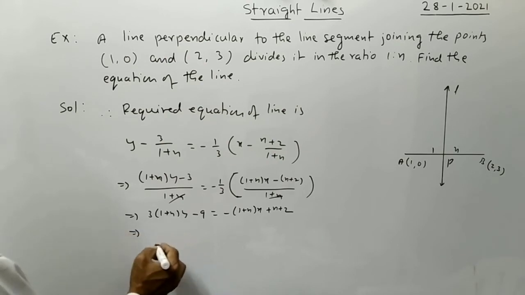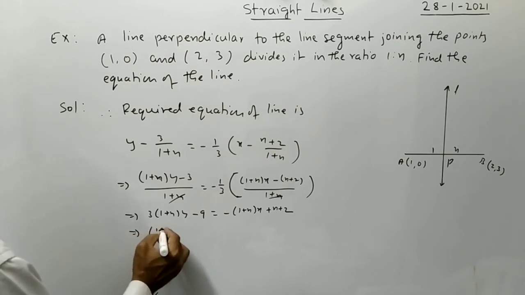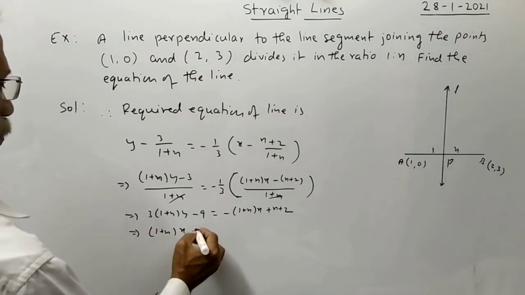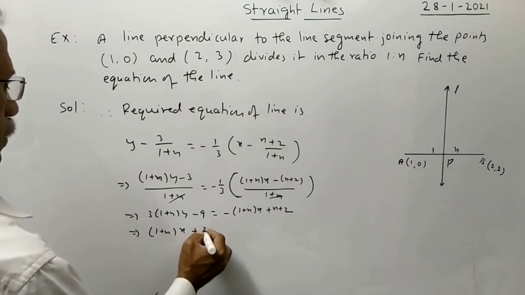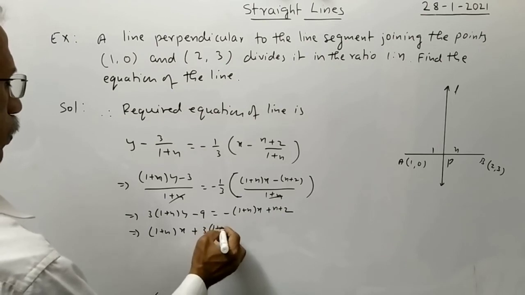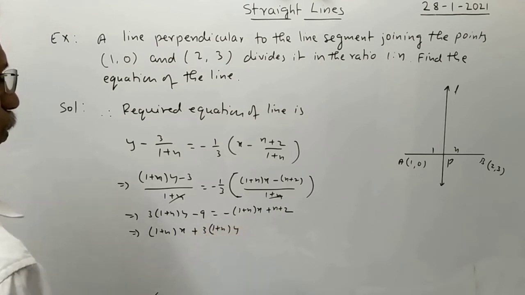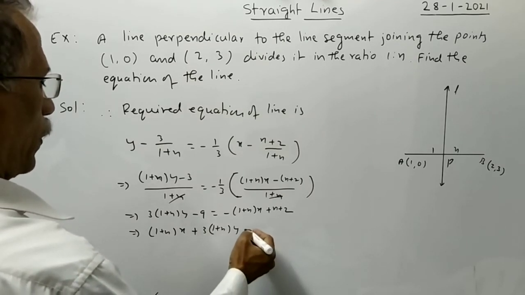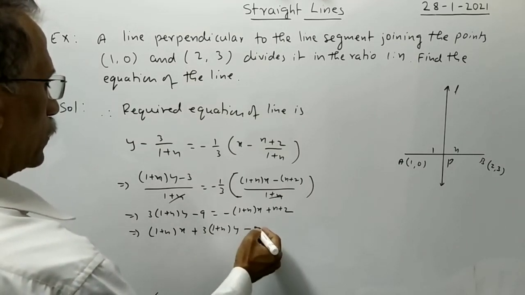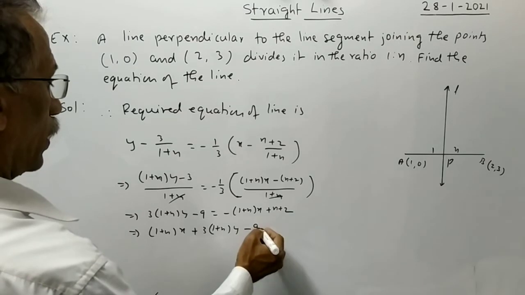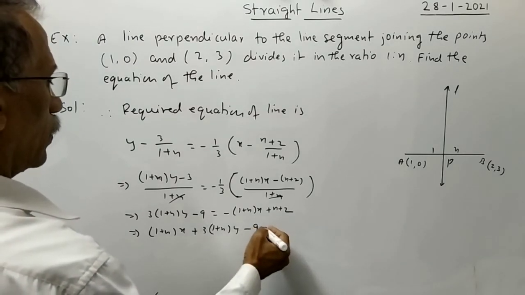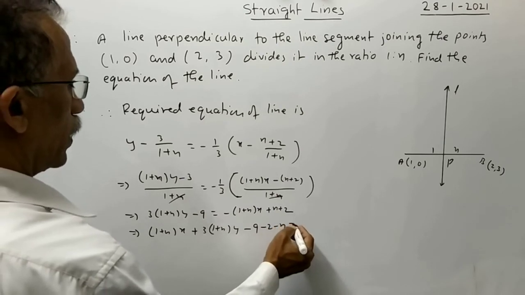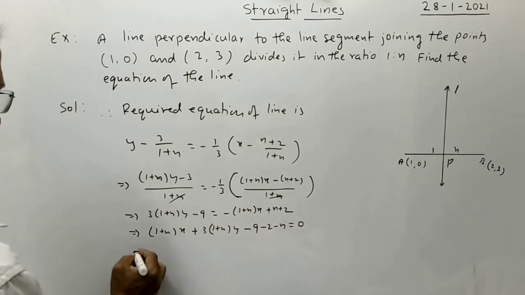This implies 1 plus n into x plus 3 into 1 plus n into y minus 9 minus 2 minus n is equal to 0.